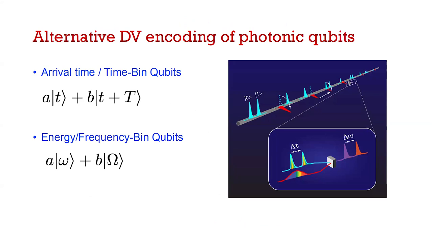Let's look at other alternatives. So far, we have discussed only the horizontal and vertical, diagonal, and circular polarization bases to encode quantum information in a photonic qubit. But if you look at the literature of linear quantum photonics and computation, you will see alternatives. For instance, arrival time qubits, which quantum communication people love a lot.